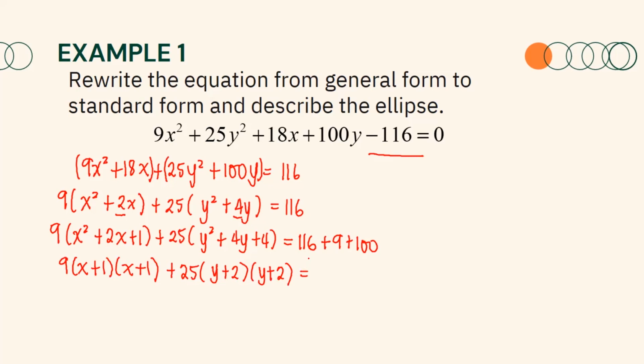And 116 + 9 + 100 is equal to 225. Express these factors as a square of a binomial. Hence, we will have 9(x + 1)² + 25(y + 2)² = 225.